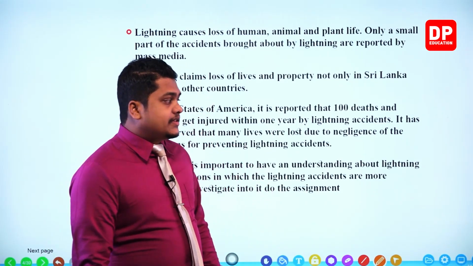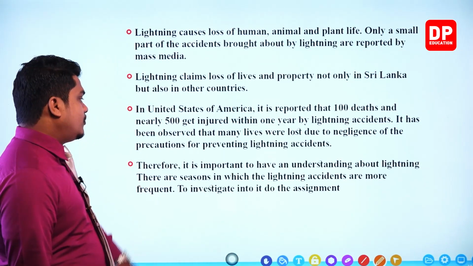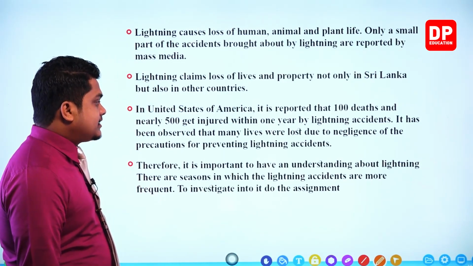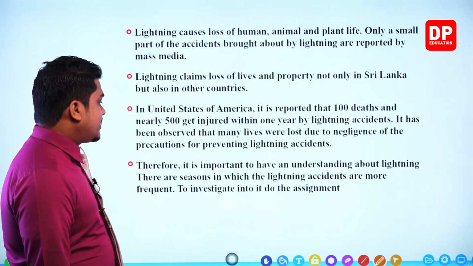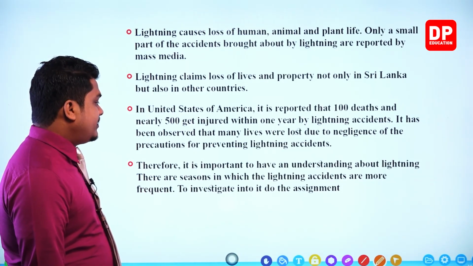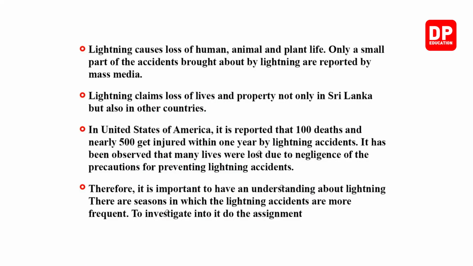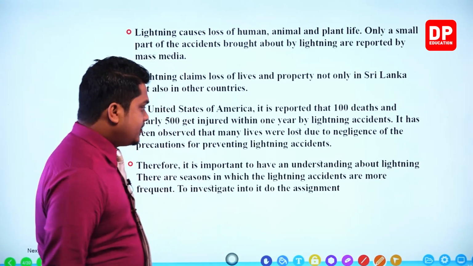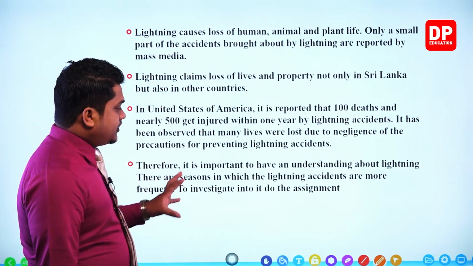So let's see what other things are given. Therefore, it is important to have an understanding about lightning. There are seasons in which lightning accidents are more frequent. To investigate into it, do the assignment.